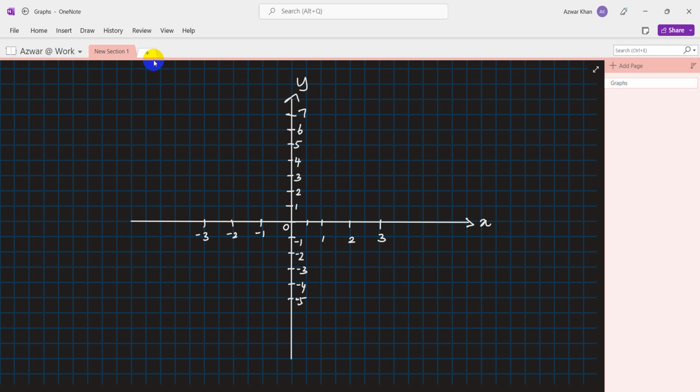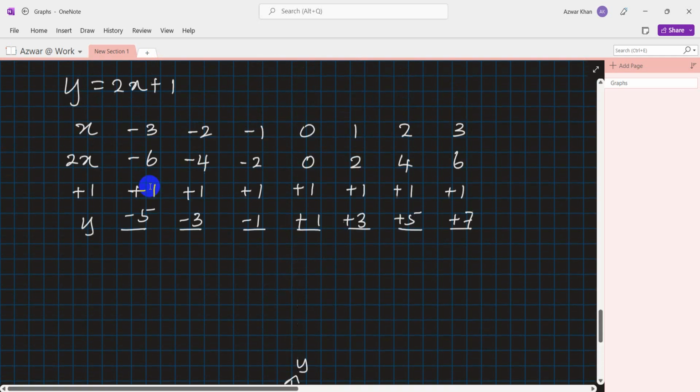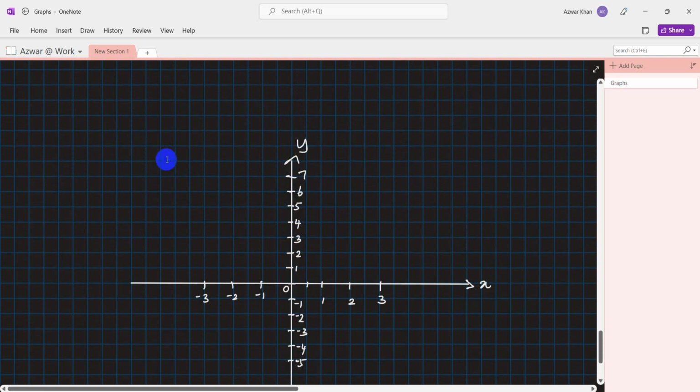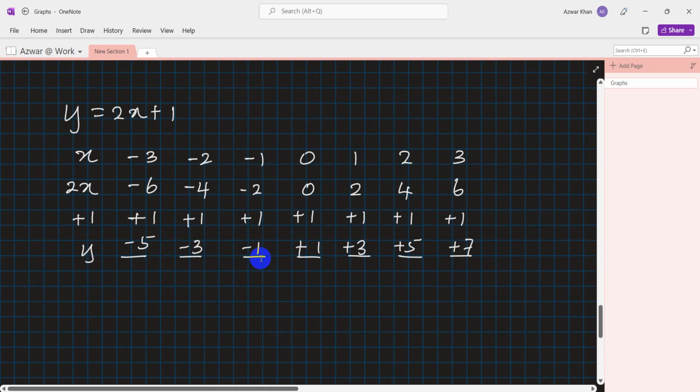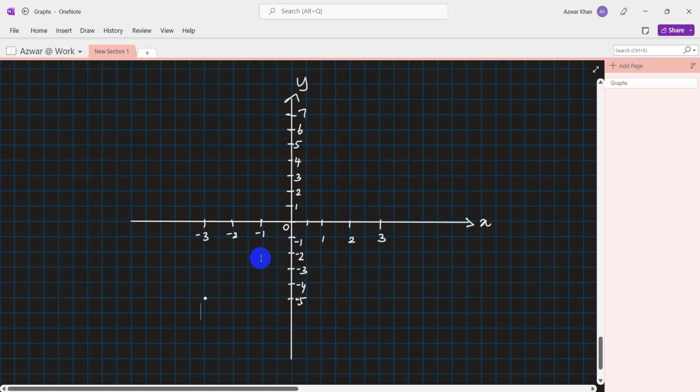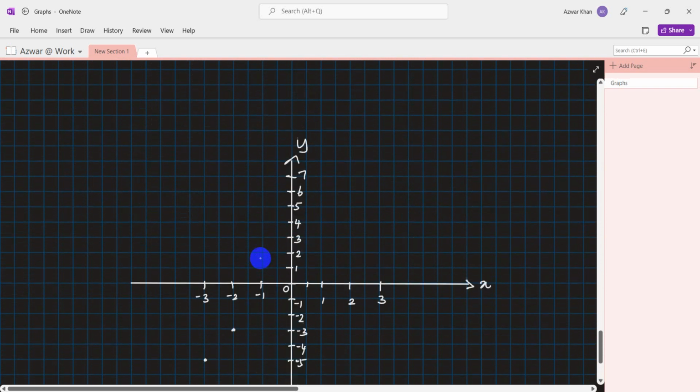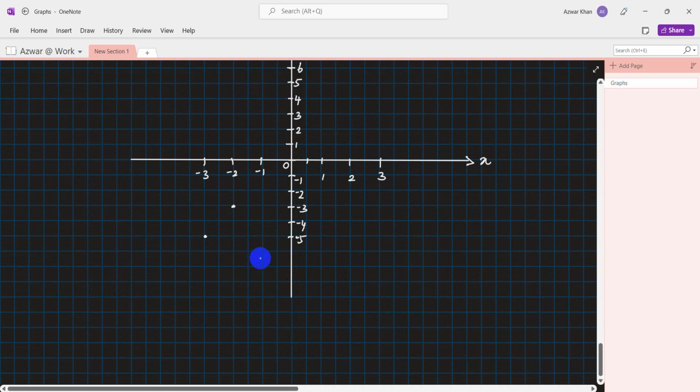Alright, so now the first coordinates are minus 3 and minus 5. X is minus 3 and y is minus 5. So that is over here, my first point. Second one is minus 2, minus 3. So x value is minus 2 and the corresponding y value is minus 3. So it's over here. Third one is minus 1, minus 1. So minus 1 comes over here.